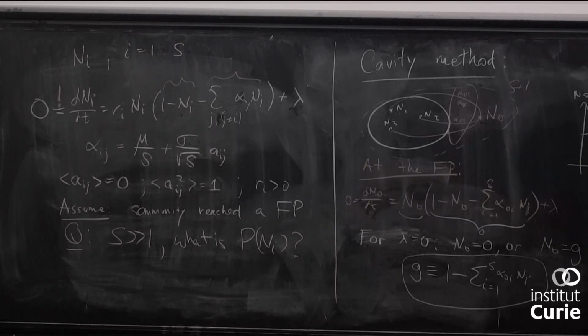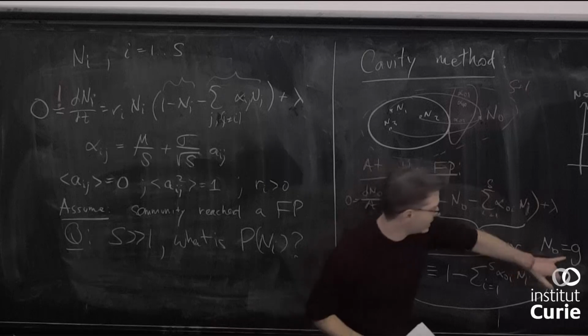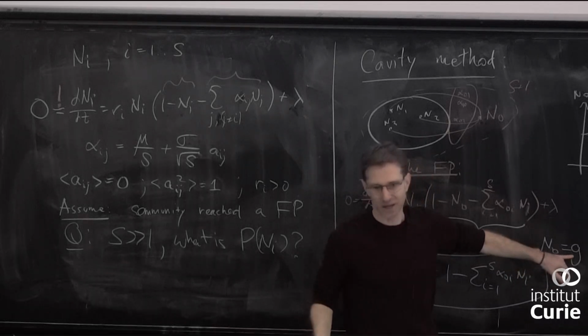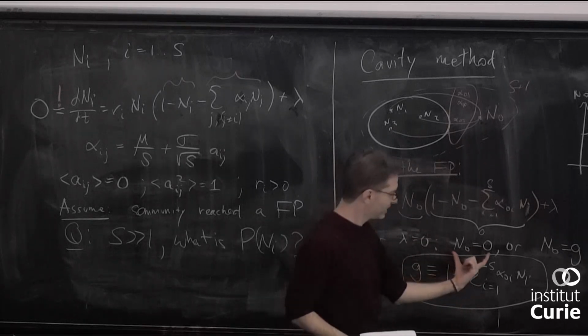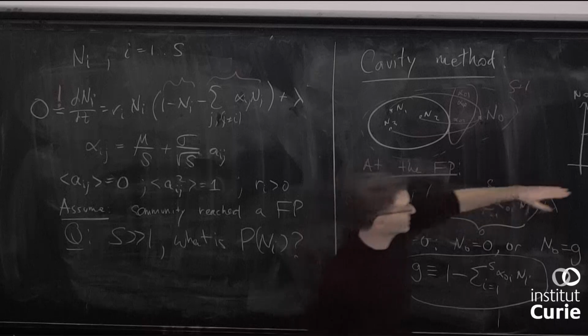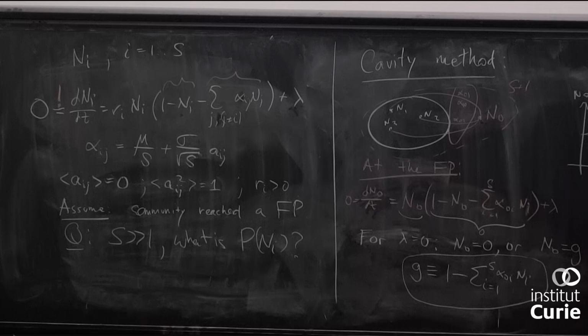Another situation is where g is larger than 0. Then it looks like there are two solutions, because n0 equal to g is okay as a positive number, but also 0 looks okay. But it turns out that the 0 solution is not stable. Namely, if it starts very low, it would grow up to the other solution. So in this case, the solution is n0 equal to g. Putting these together, I get that n0 is equal to the maximum of 0 and g.